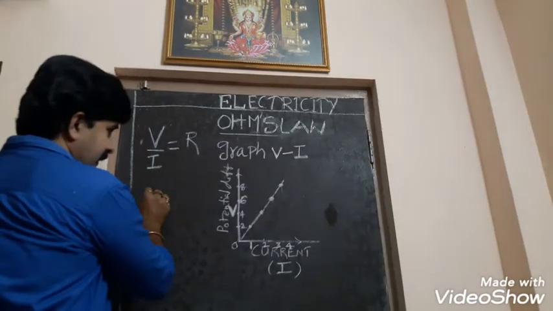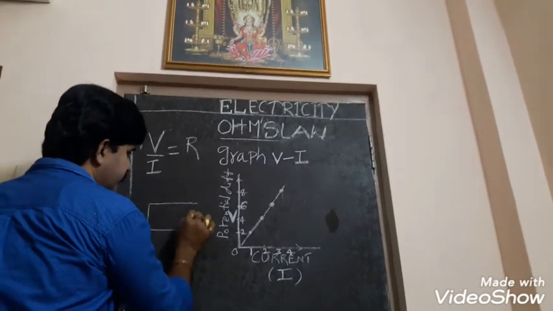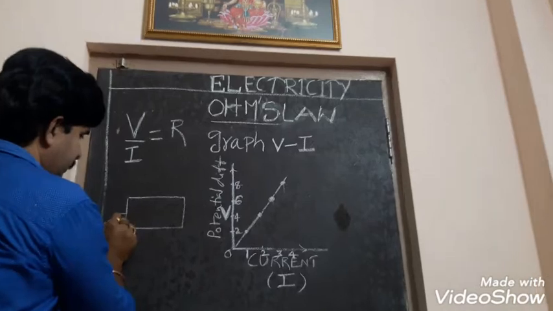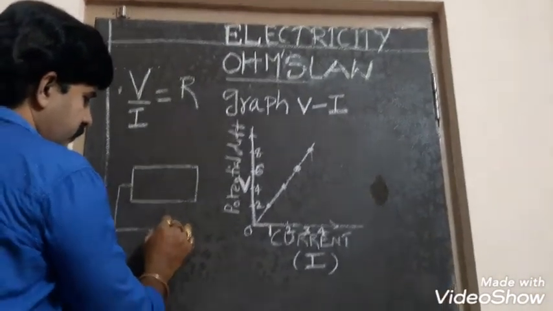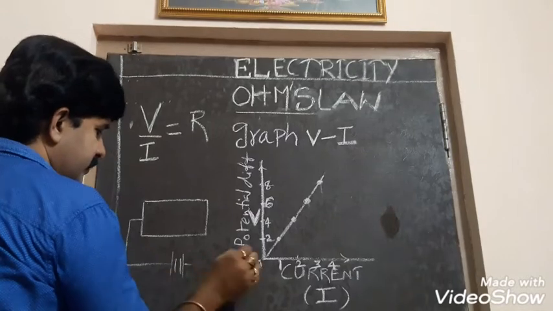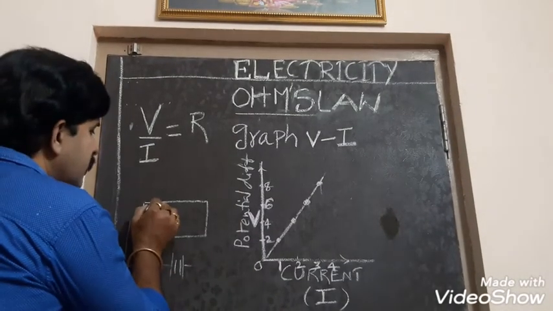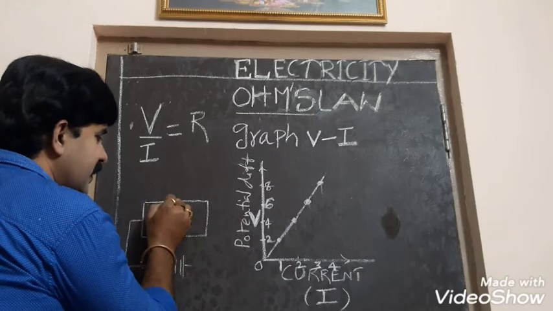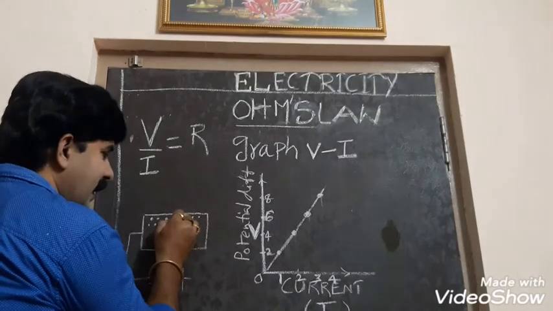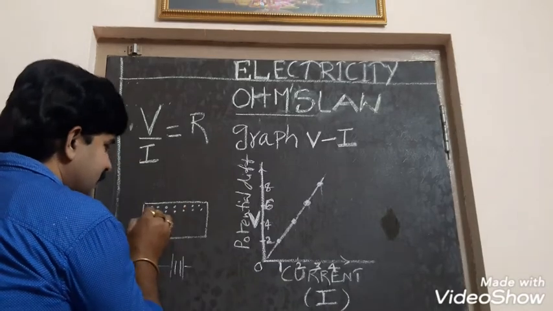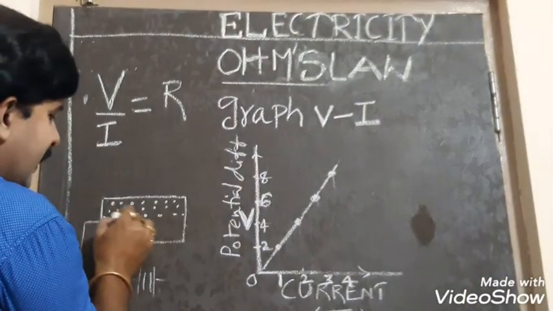Let us draw a conductor. This is a conductor connected to a circuit, a battery or something else. Actually this conductor has tiny particles as a part of its body construction.